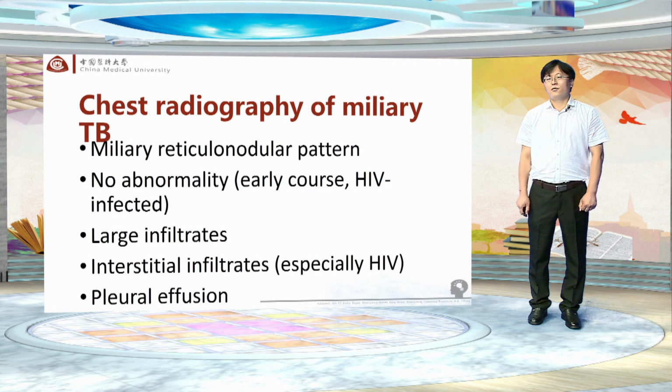Some patients with miliary tuberculosis may have large infiltrates in their lungs. Some may also have interstitial infiltrates, especially in HIV-infected patients. Pleural effusion is not very common in this type of infection.